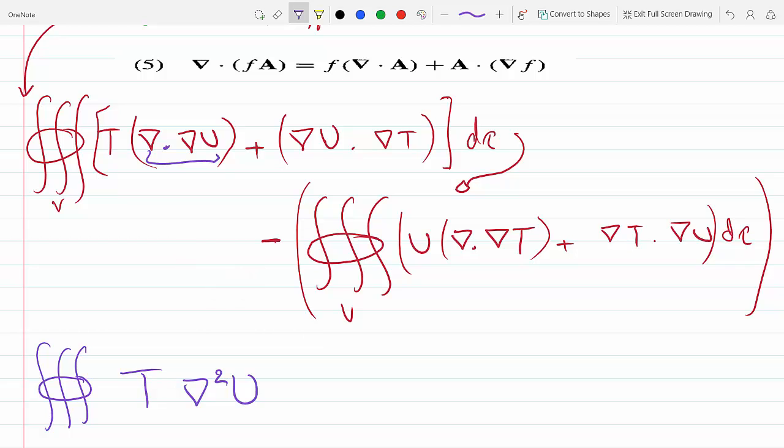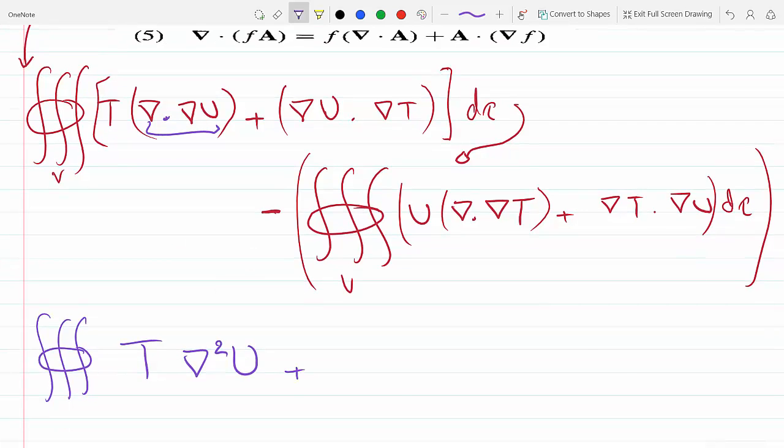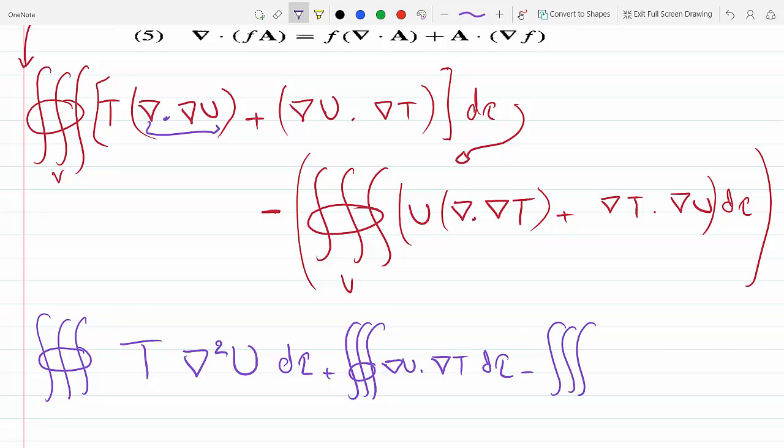So this becomes T Laplacian U d tau, I can distribute the integral, plus the gradient of U dot gradient of T d tau, minus U Laplacian of T d tau, plus or minus, because the minus sign will distribute, gradient T dot gradient U d tau.